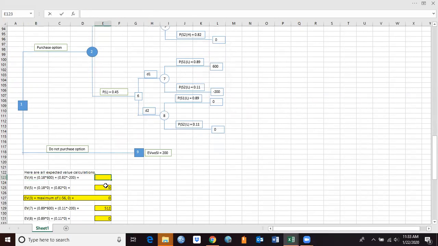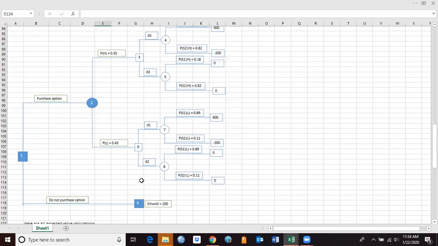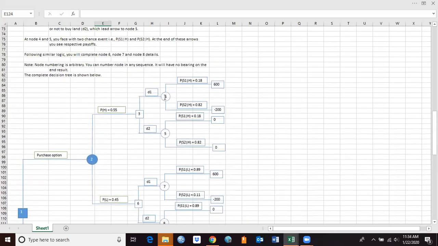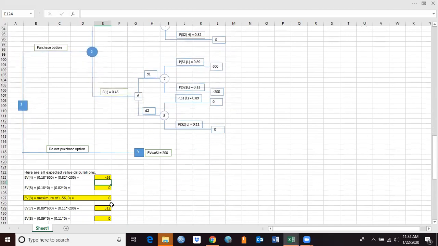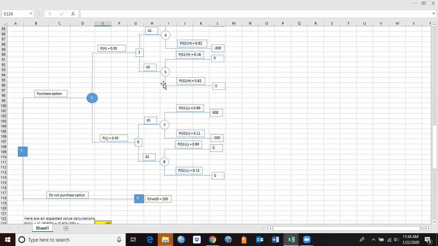So 0.18 times 600 plus 0.82 times minus 200, and that's going to give me minus $56,000. That means there is an expected loss of $56,000 at node 4. Node 5 expected value is 0, because he's not buying the land.